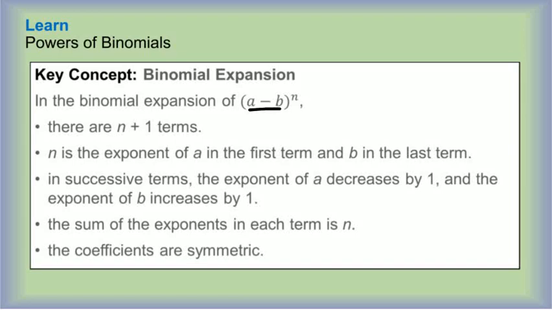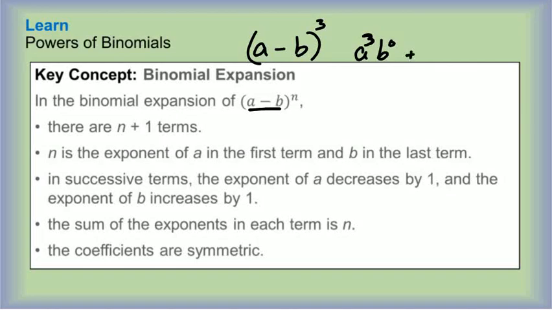In successive terms, which just means one term and then the one right after it, the exponent of a decreases by 1 and the exponent of b increases by 1. For example, if I had a minus b, and we're raising this to the third power, the first term would be a cubed b to the 0 power.